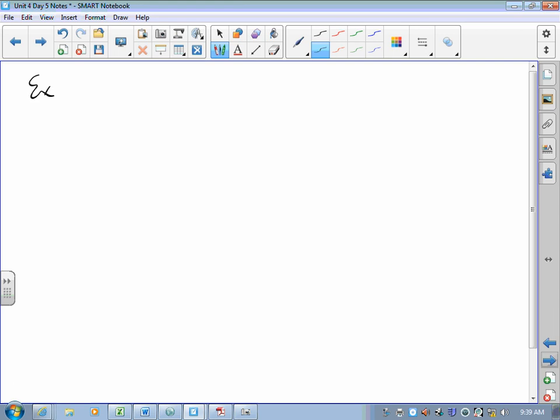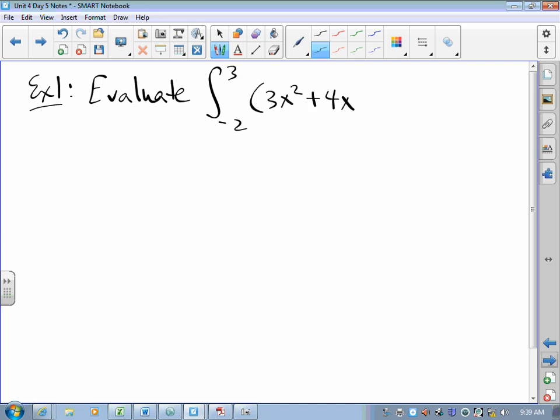Well, it looks like this. I want to evaluate the definite integral from -2 to 3 of 3x squared plus 4x dx.